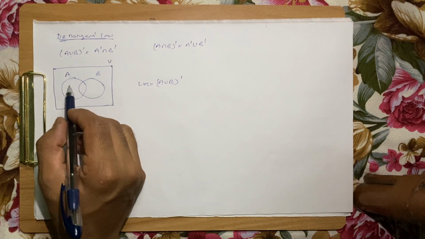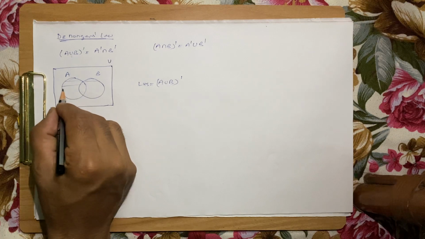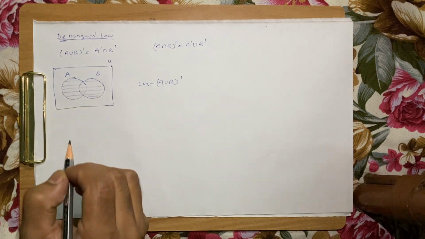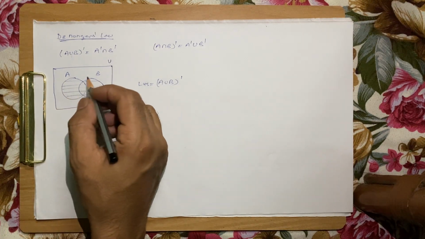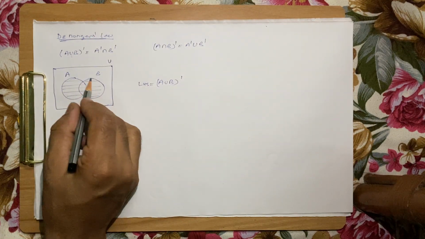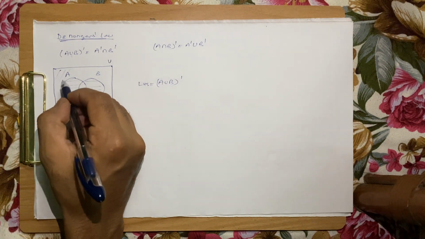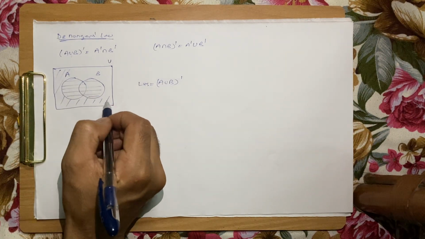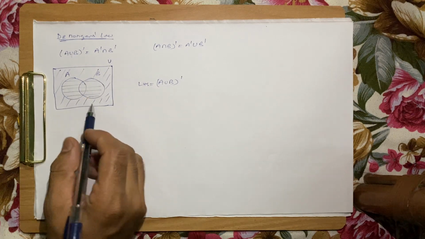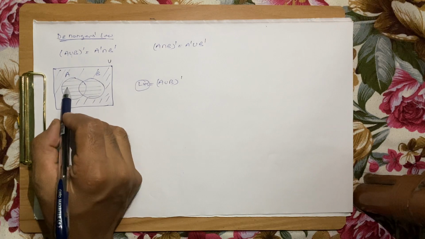First do A union B, so it will be this region, the whole of A and B together. So A union B complement will be, apart from A and B, everything else. This outside region will be (A union B) complement.